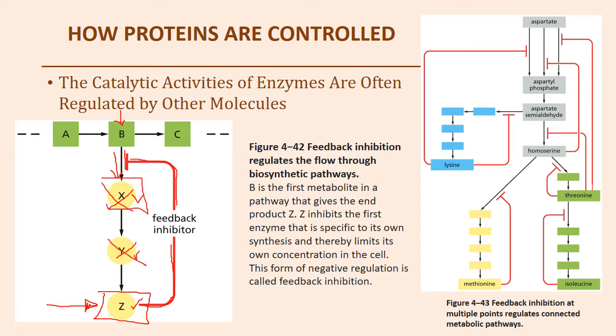And as an end result, we don't produce any more Z. So you basically only work until you get the product. And once you have your product, that product will inhibit the first enzymes in the step, allowing them to shut down. So thereby we can limit how much concentration of the product is found within the cell.